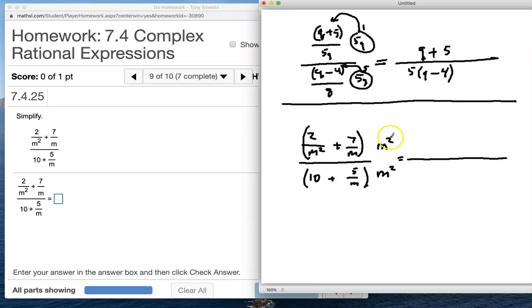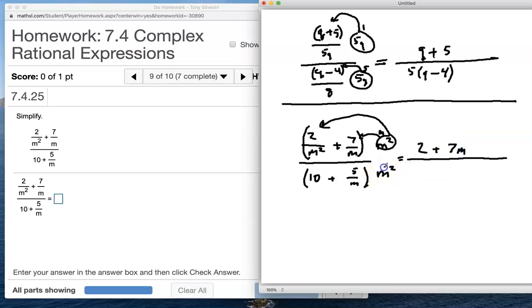I'm going to use my circle arrow approach. Circle, arrow. So just focus your eyes on those two and those two alone. M squares cancel, leaves you with 1. 1 times 2 is 2. Copy the plus. Circle and arrow this. M's cancel, leaves you with an m. That m hooks up with the 7 to give you 7m.